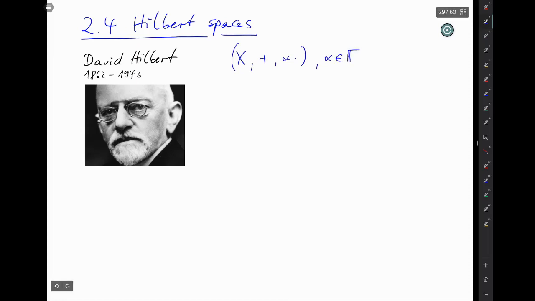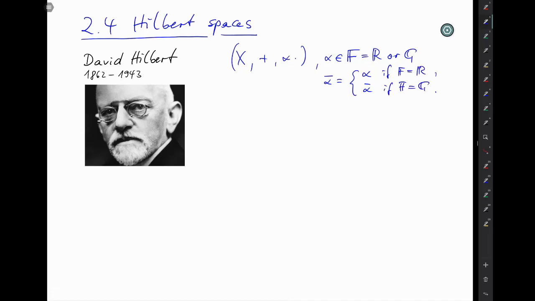Let's say it comes from a field F that is R or C, and we will write alpha conjugate and mean either alpha or the complex conjugate if F is either the reals or the set of complex numbers.